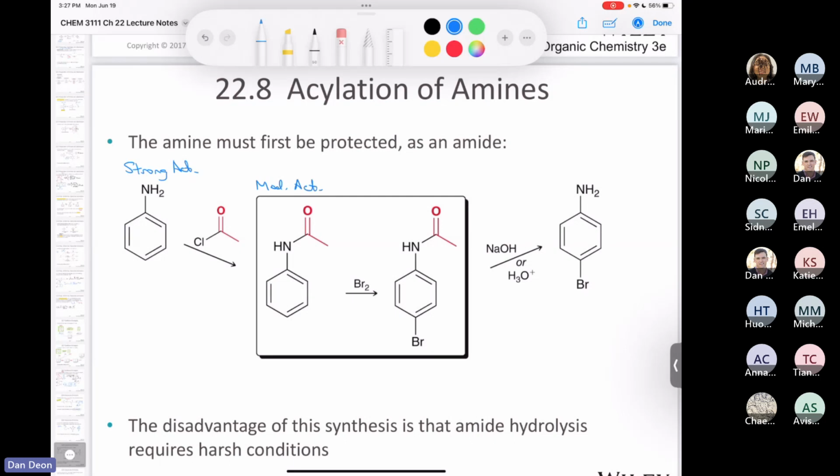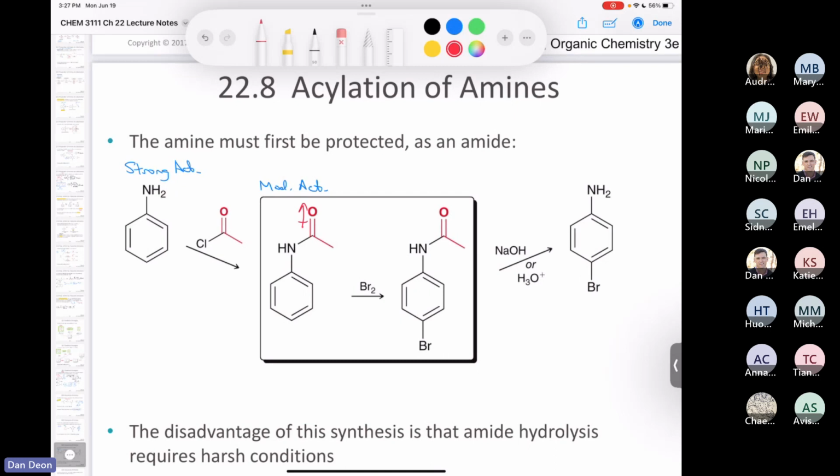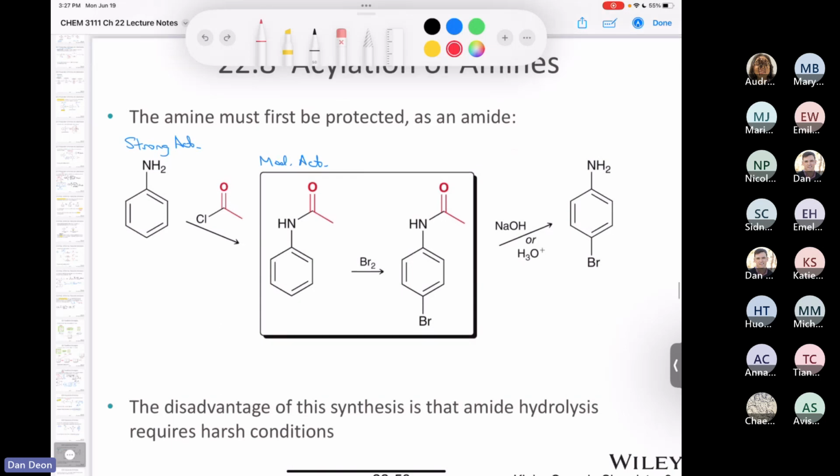And once you have that moderate activator, which moderates the electron donating capabilities of the nitrogen, because you have an electron withdrawing group on here, that means that if you treat it with bromine, you only get bromination in the para position, and then you can just hydrolyze the amide bond using sodium hydroxide or strong acid. It says the disadvantage to this synthesis is that the amide hydrolysis requires harsh conditions.